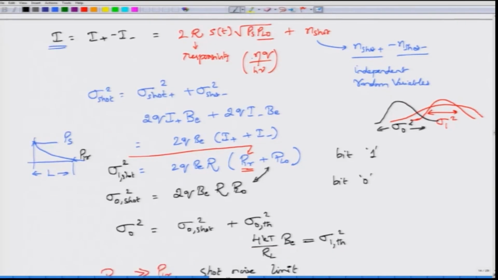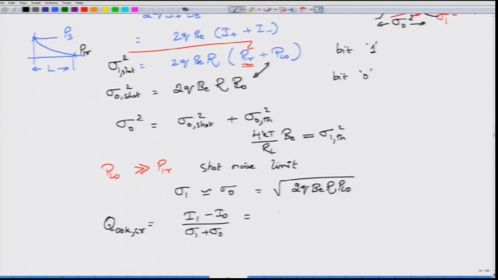So, substituting these values, what you get here is 2 times R square root of P1R PLO divided by sigma 1 plus sigma 0, which is nothing but 2 times sigma of either of the two, right. So it would be square root of 2q BER PLO. 2 cancels on both sides.